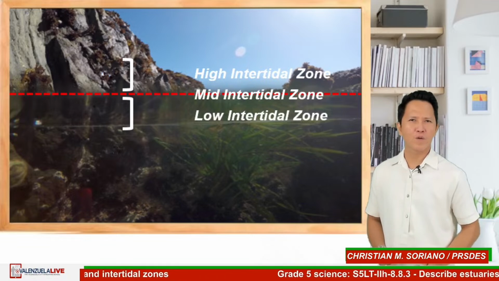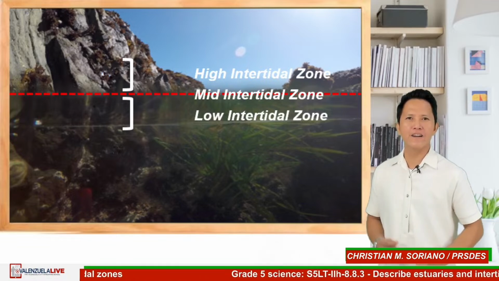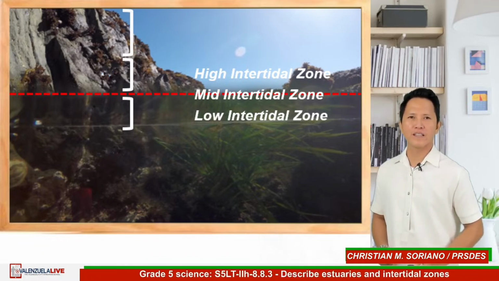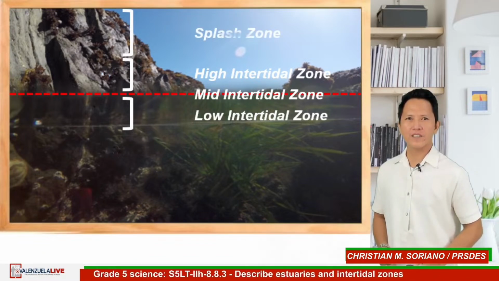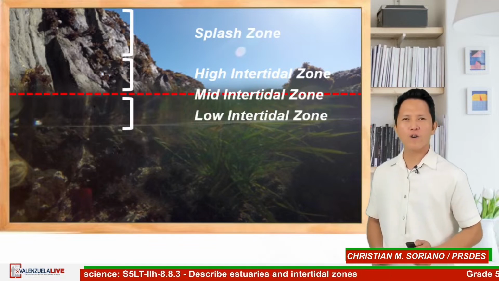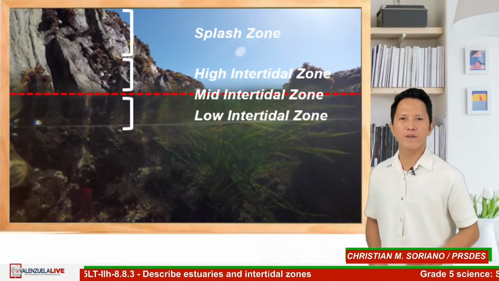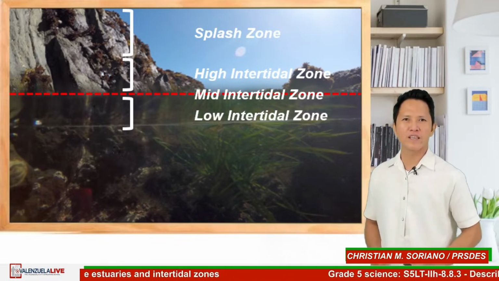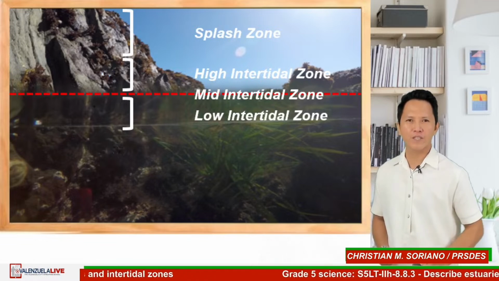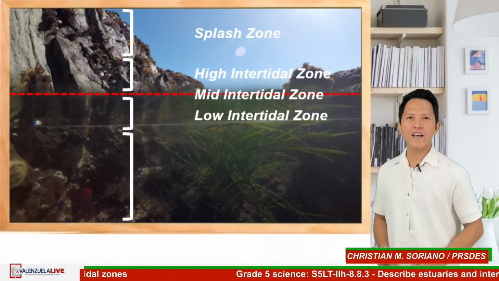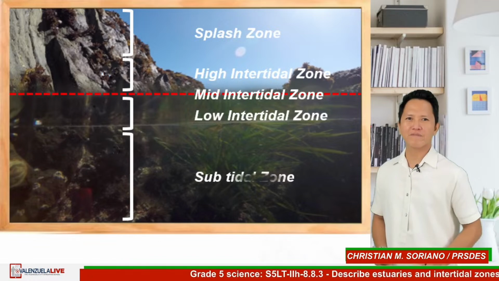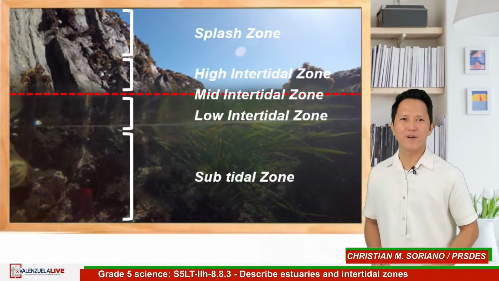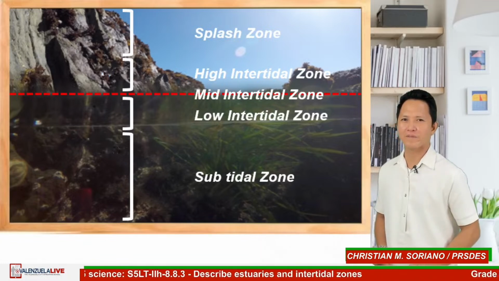Now, what about the other level above the high intertidal zone? This is the splash zone, which is continuously stricken by the waves. So the climate in the splash zone is harsh as well. Another zone is the subtidal zone, which is constantly submerged with water.